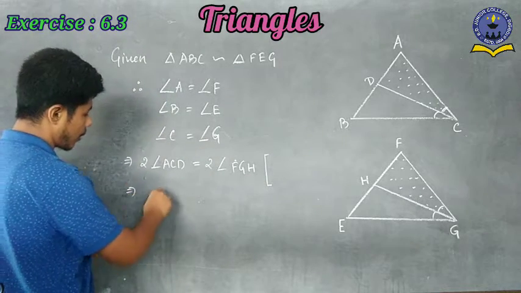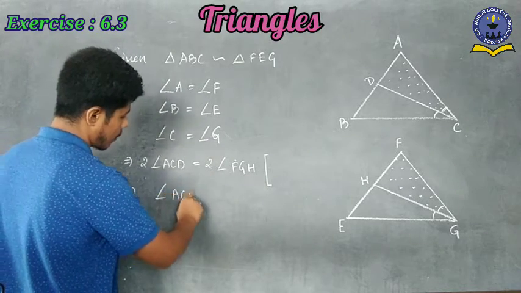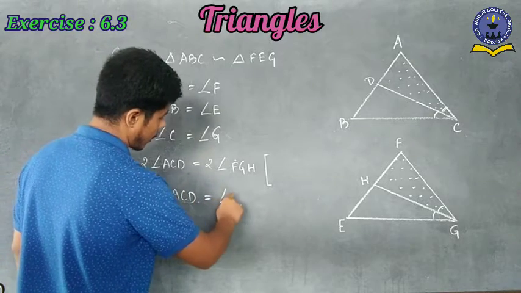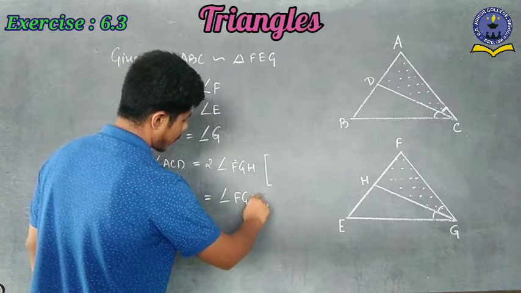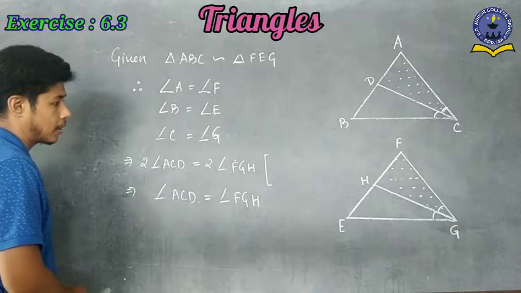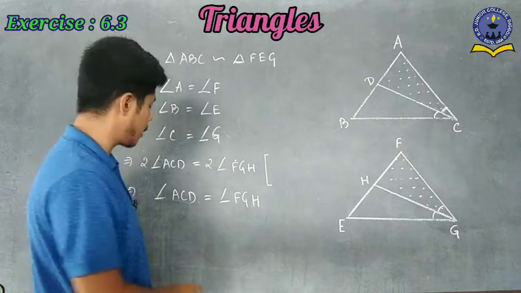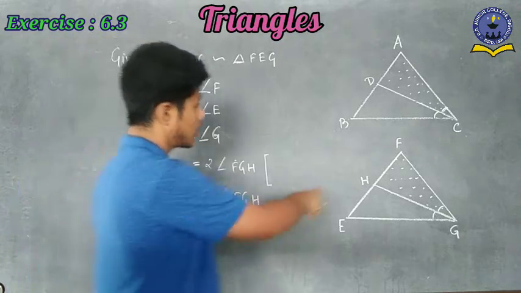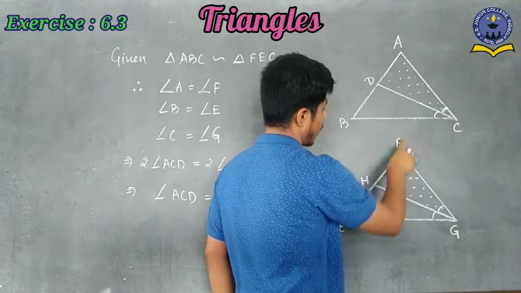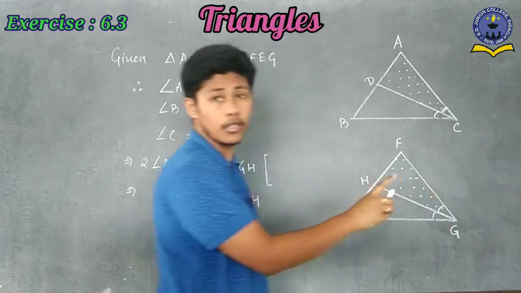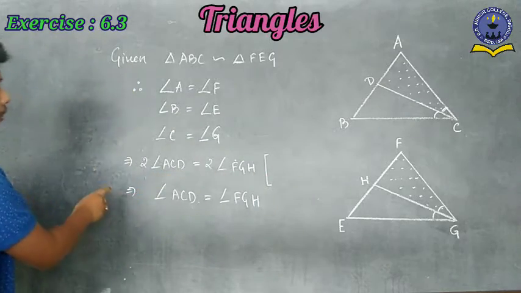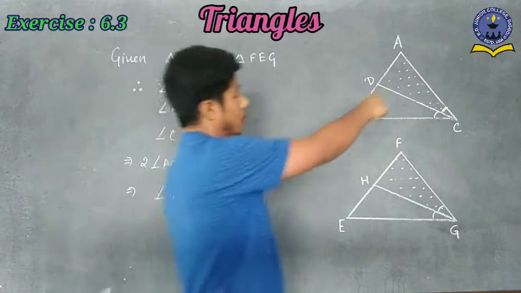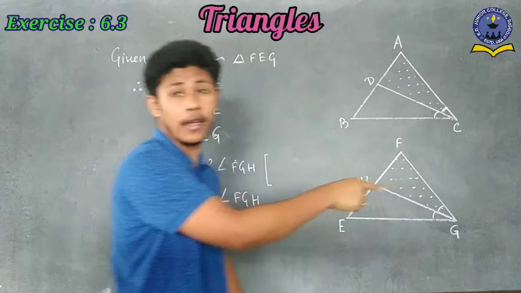And from here we get angle ACD equals angle FGH. Is it clear? So ACD and FGH, these two angles are equal here, as well as one more angle we know: angle A is equal to angle F.